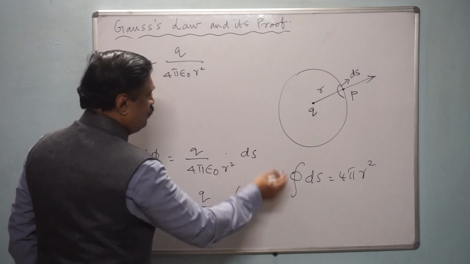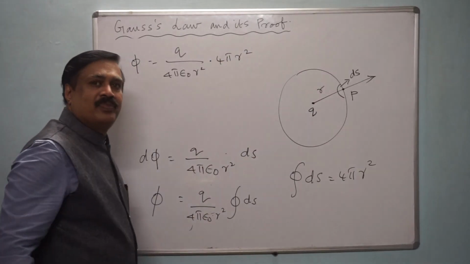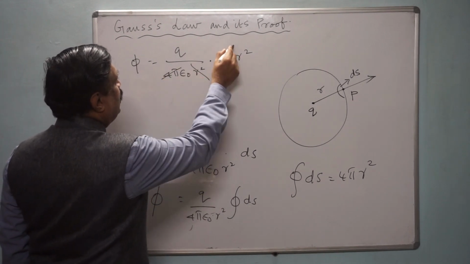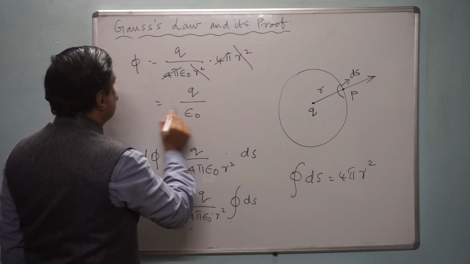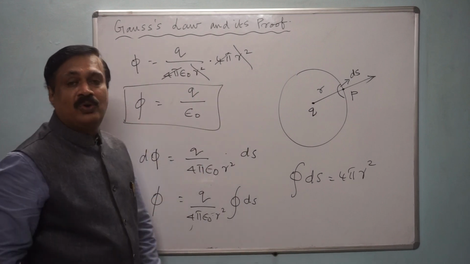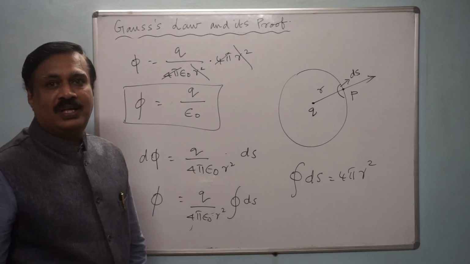Now you substitute here, 4 pi r squared. Now you cancel the 4 pi and 4 pi, r squared and r squared. You get q by epsilon 0. Flux phi equals q by epsilon 0. This is the proof for Gauss law.